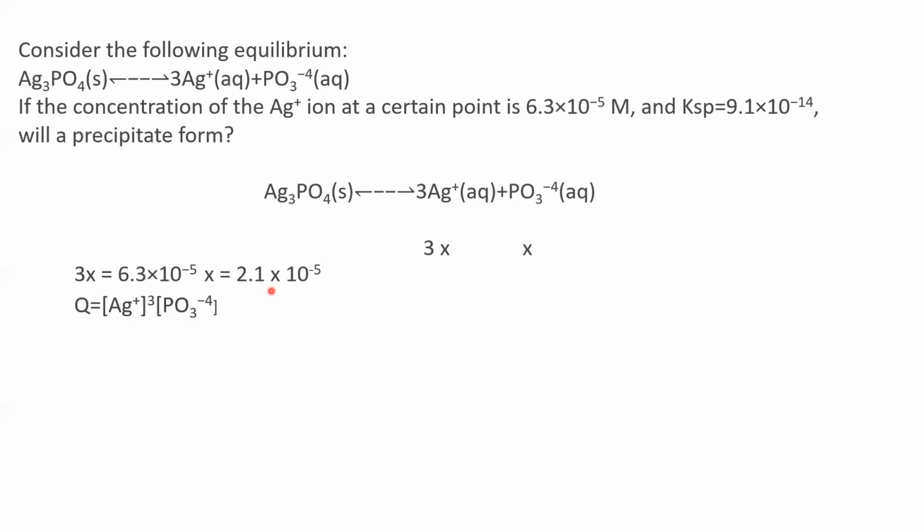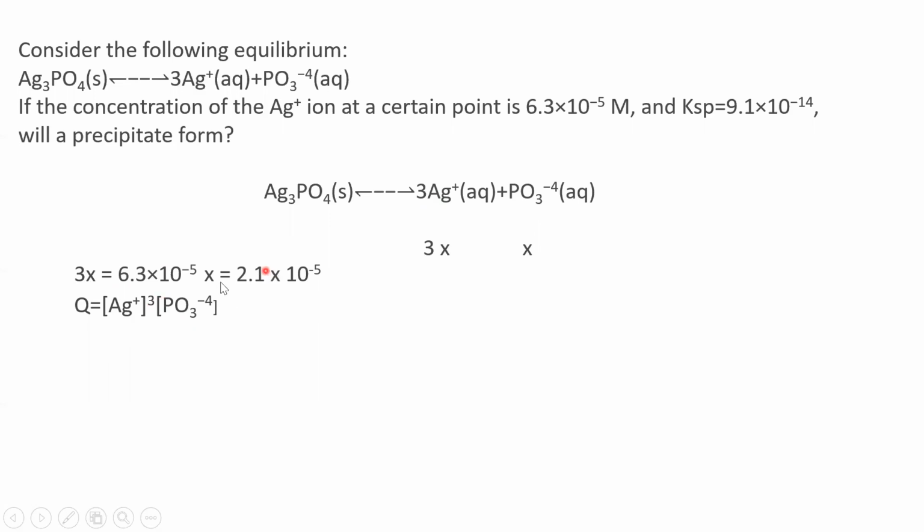All right. Here's our Q expression. Silver ions cubed times phosphate ions. Here's your silver ion, so plug that in here, cube it.